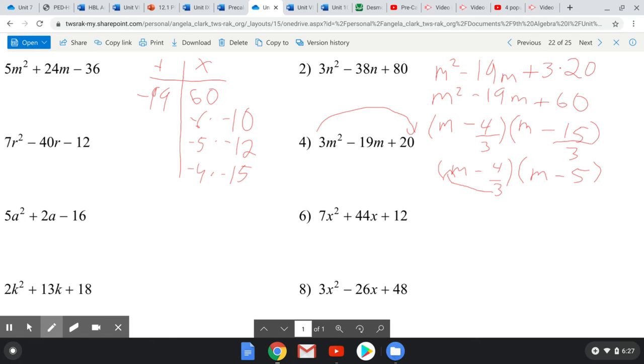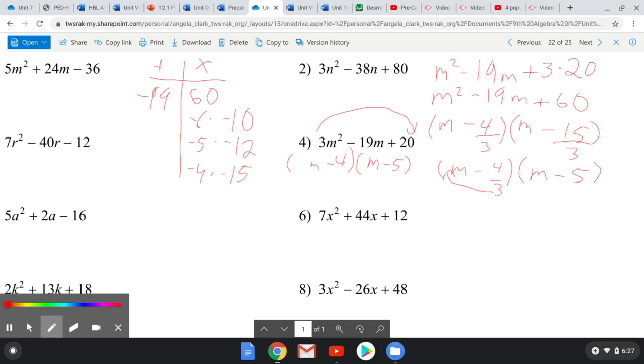So our final answer, and the one that we could actually say is equal to this, would be 3m minus 4, m minus 5.